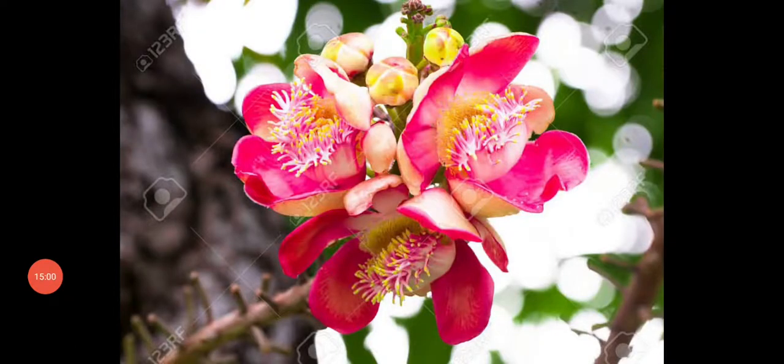See the next one, Couroupita guianensis. In Tamil, it is known as Nagalingapoo. The arrangement of the flowers looks like the form of a snake. That is known as Nagalingapoo. See, at the bark of a woody trunk only, the inflorescence, that is the group of flowers, is arising. That is known as cauliflorous inflorescence.